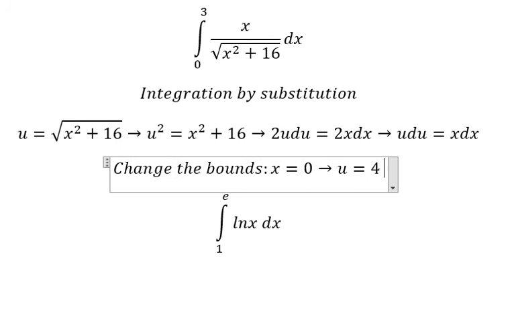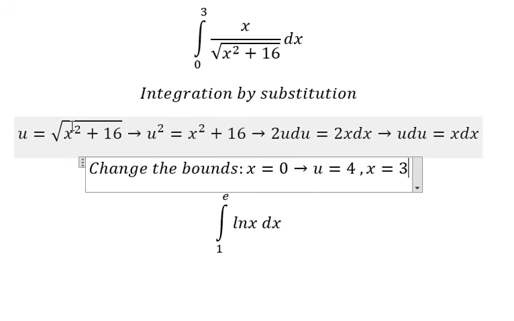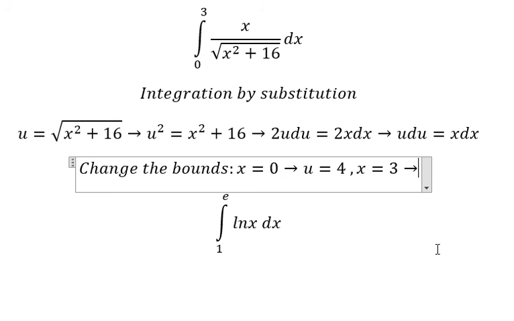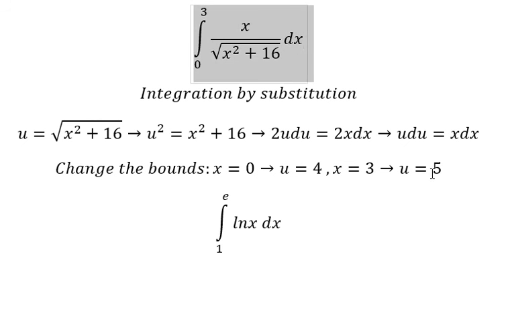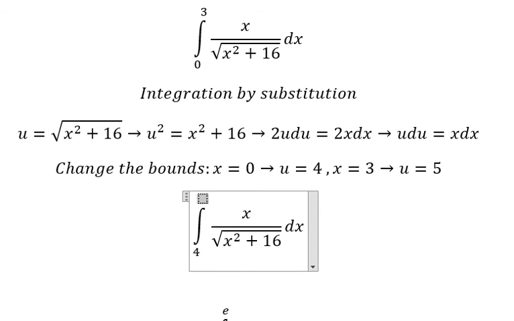We have number 4. When s equals number 3, we put number 3 in here. 3 square plus 16, we have 25. The square root of number 25, we have number 5. So this one we change by number 4, number 3 we change by number 5.